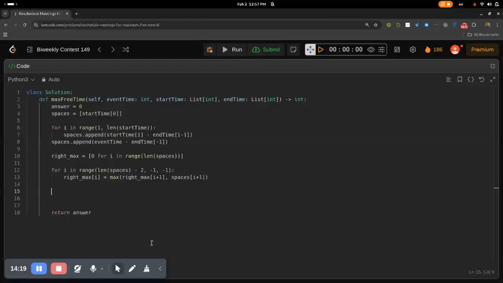And now it is the time when we check for every event or meeting where we can place them. And we say our left maximum is going to be starting from 0. And we say for i in range, we're going to iterate over the meetings. Actually, we're going to iterate over the spaces because it's going to be the same. And we're going to start at 1 and length of spaces.